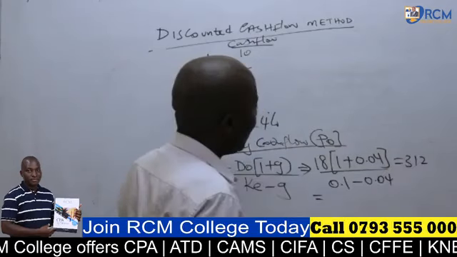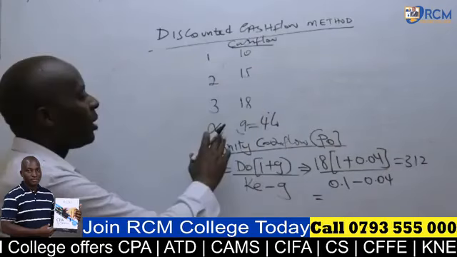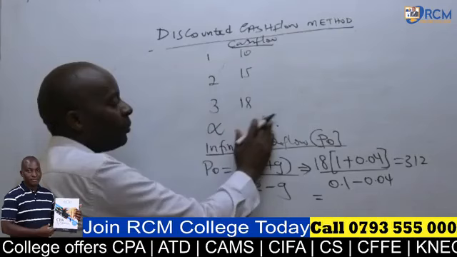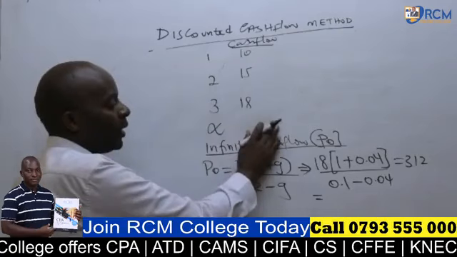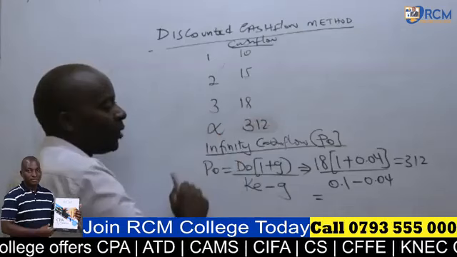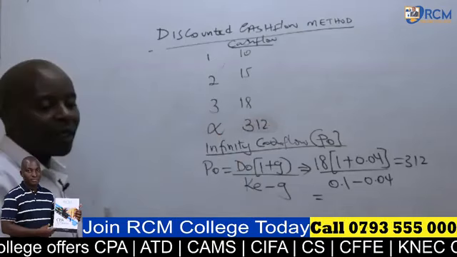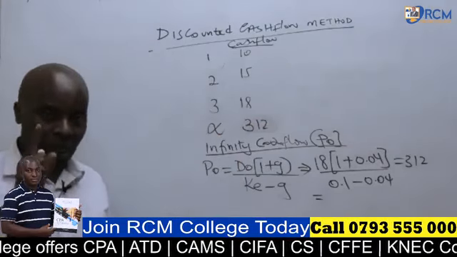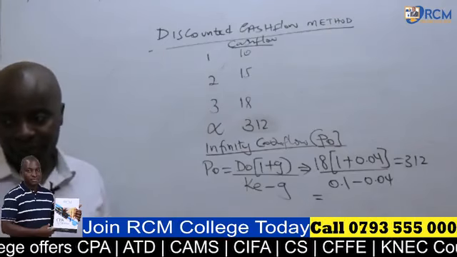Now I no longer need to have this blank here. I come and delete this, and then we write 312. That is how we calculate the cash flow which is infinity in nature.